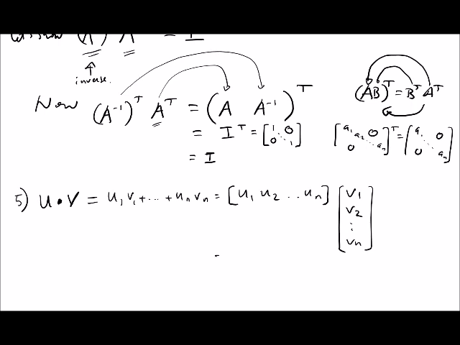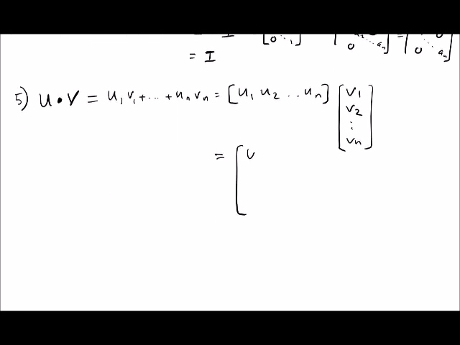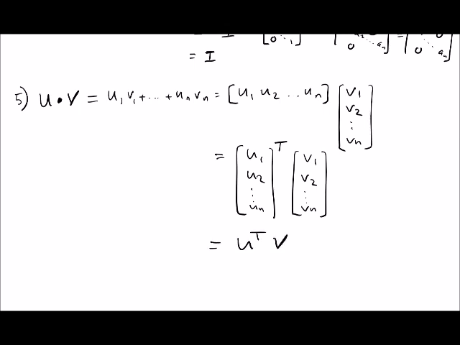But usually we like to have our vectors being column vectors. So if you want to write this row vector as a column vector, you can just transpose it. And now this makes perfect sense. So the dot product can be written as U transpose V. This is a pretty useful identity.